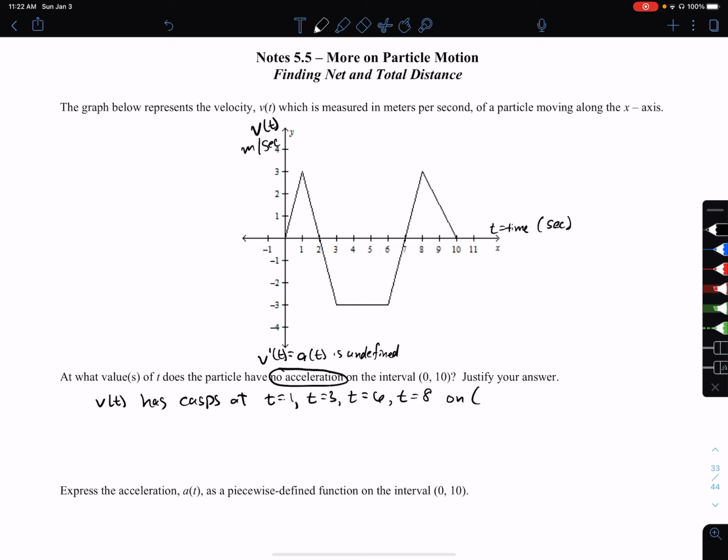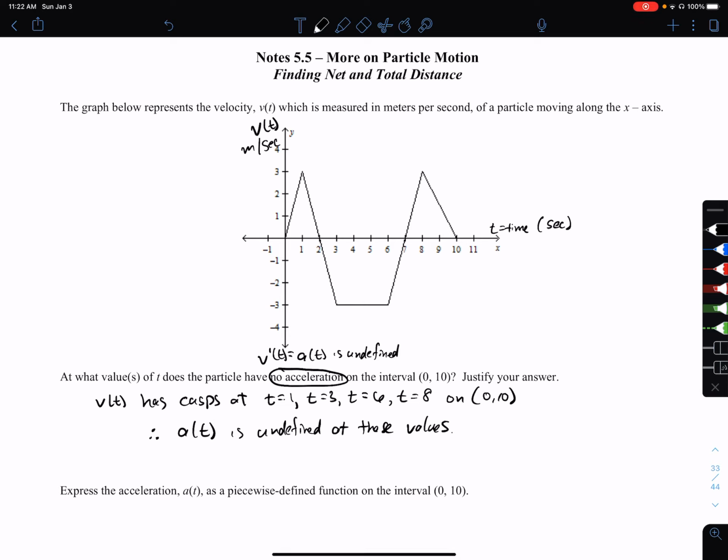This is on the interval from 0 to 10. The conclusion we can make is that a of t, the acceleration, is undefined at these values.